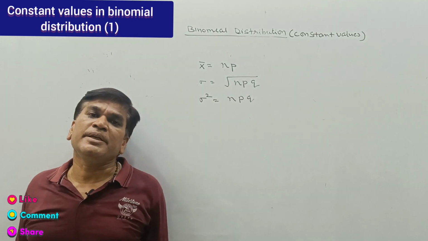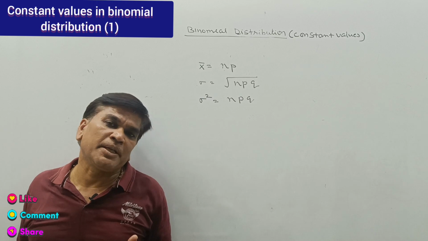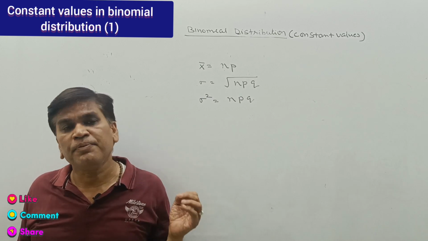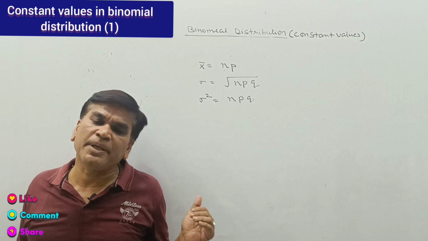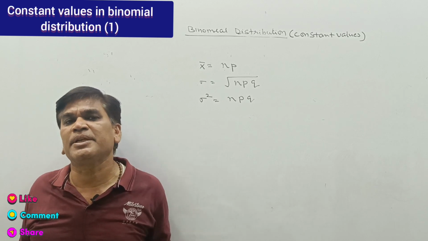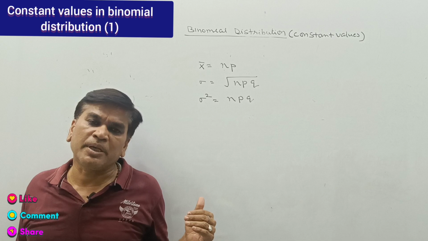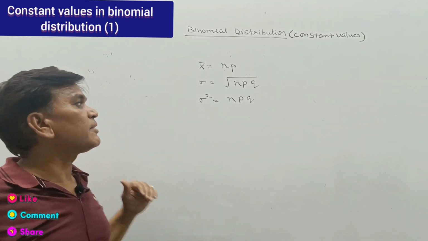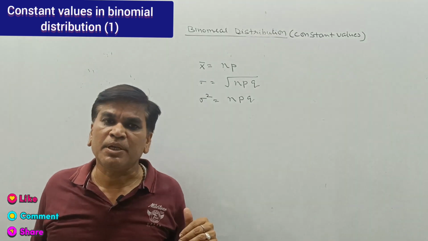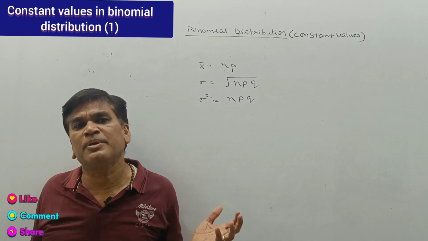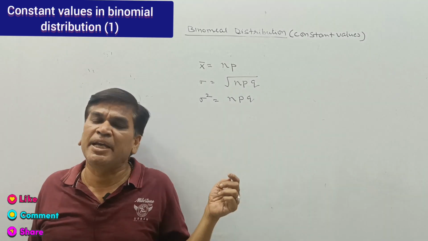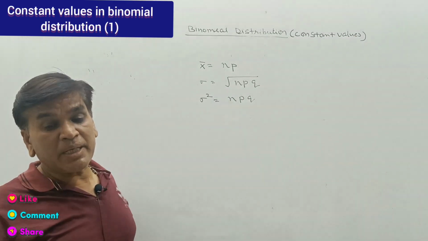So for the arithmetic mean, we multiply the number of items with the probability of the item. For the variance, we multiply the number of items with the probability of occurrence and the probability of non-occurrence of the item, that is npq.